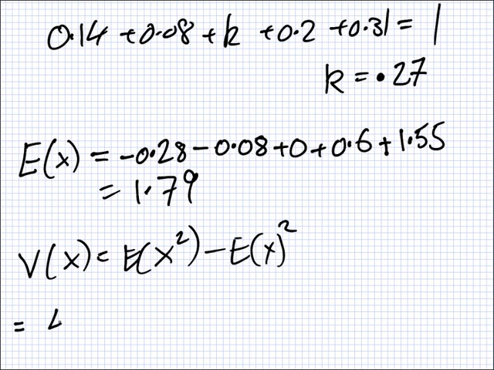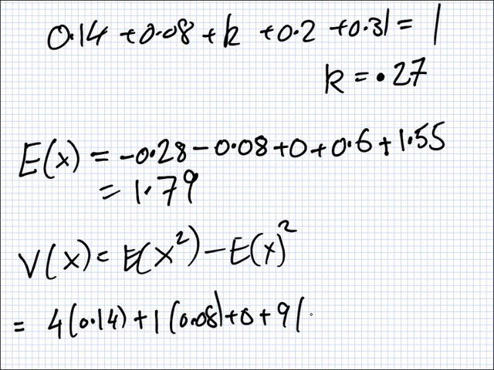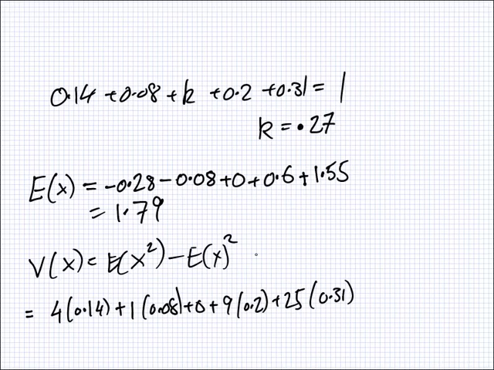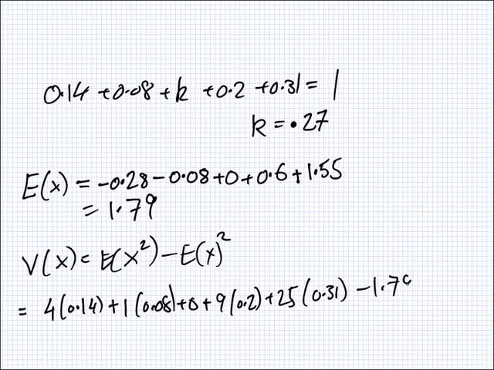That would be 4 times 0.14 plus 1 times 0.08 plus 0 plus 9 times 0.2 plus 25 times 0.31 minus 1.79 squared.